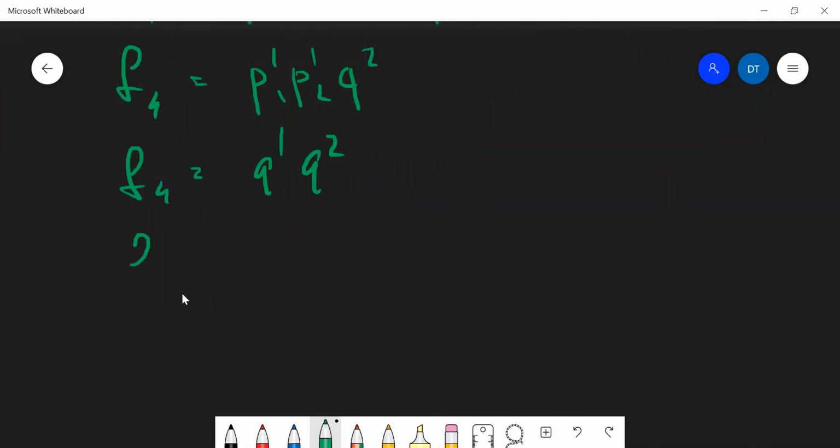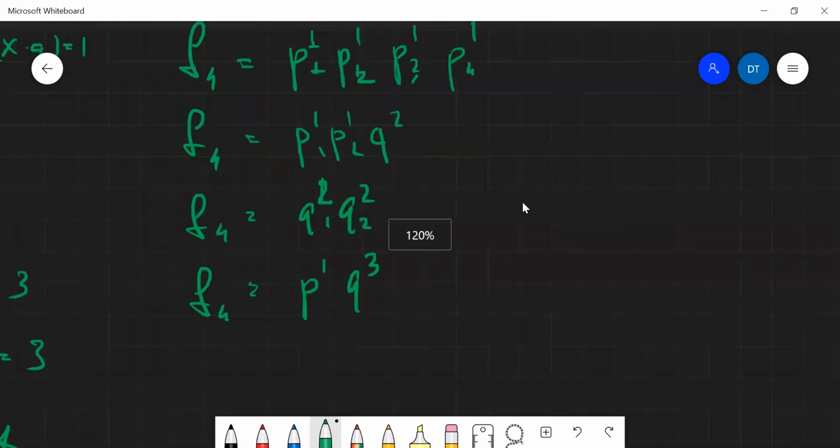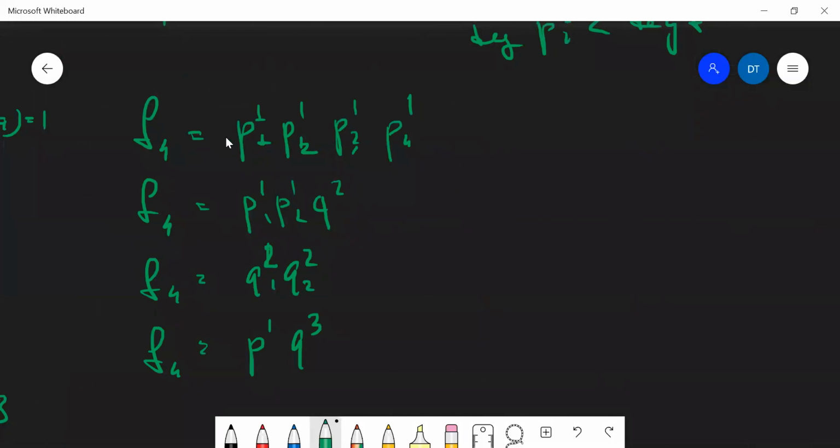And the other option, you wrote 1, 2. It should be 2, 2. Oh, yeah, you're right. It should be 2 here and 1, 2 here. So these are all possible options. So we decompose into 4 linear factors, 2 linear and 1 square factor, 2 square factors, 1 linear and 1 cubic, and these are all the options, okay?